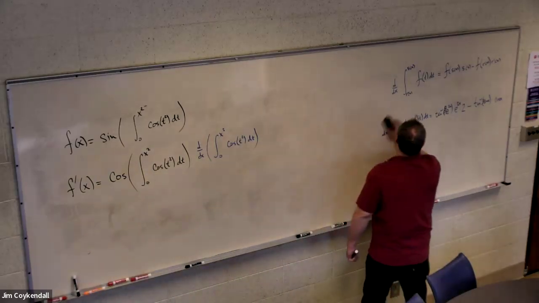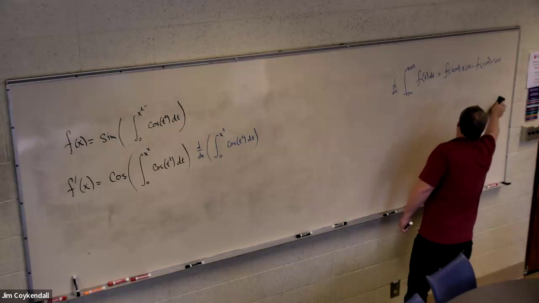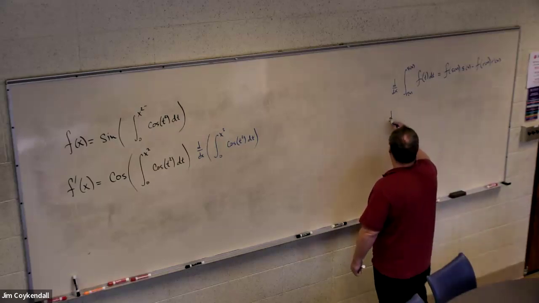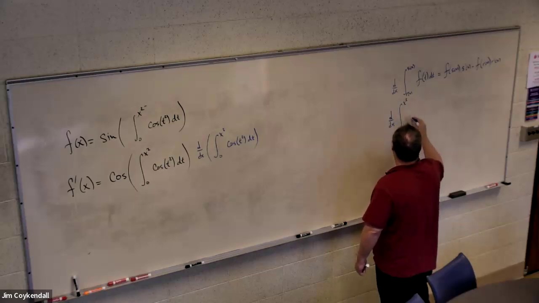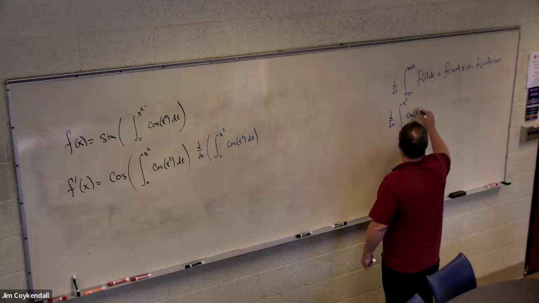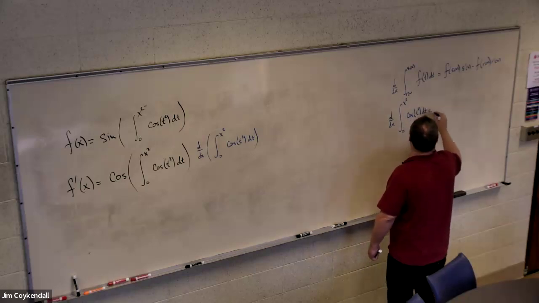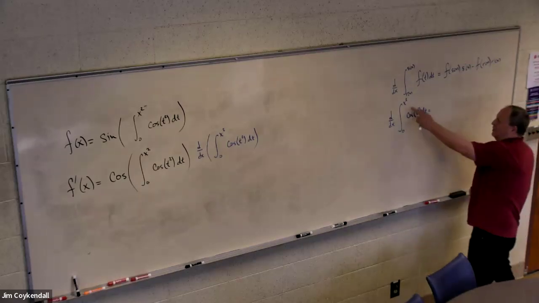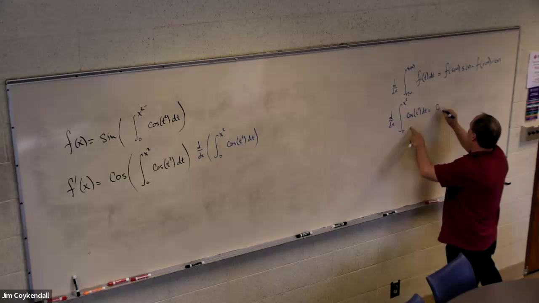Now let's take this apart again. We want the derivative of the integral from 0 to x squared of cosine of t squared dt. Well, plug in the top. So it'll be cosine.